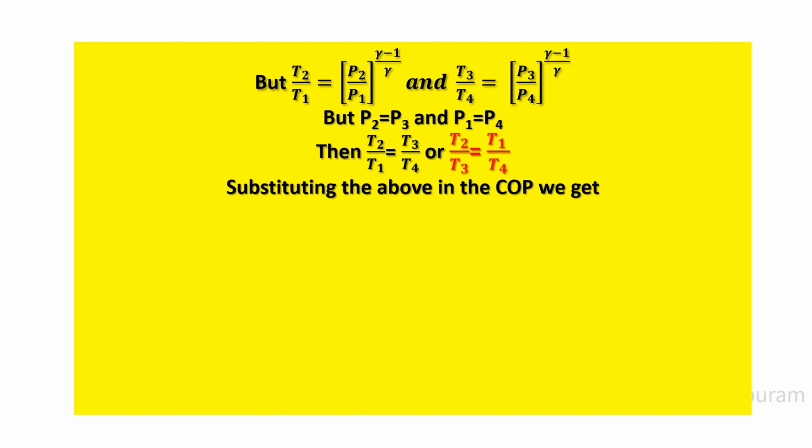The coefficient of performance of the Bell-Coleman cycle is T4 divided by (T3 minus T4).